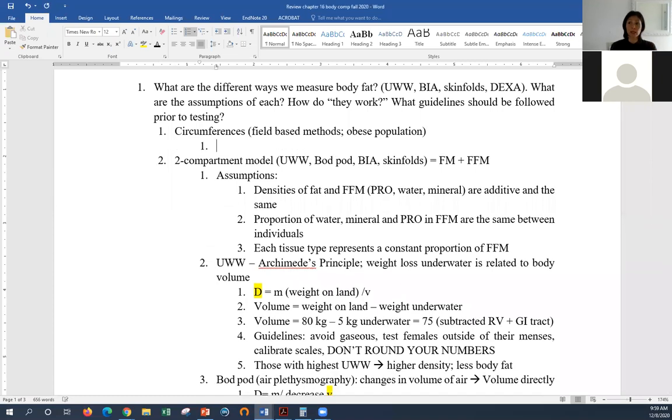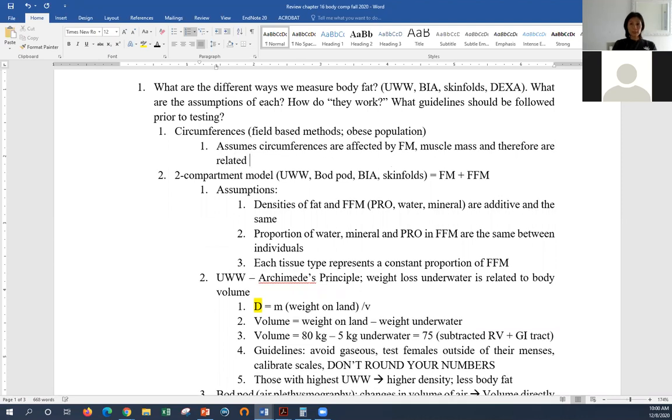And there are equations that will predict body fat from circumferences. These methods assume circumferences are affected by fat mass and muscle mass, and therefore are related to fat mass and lean body mass.